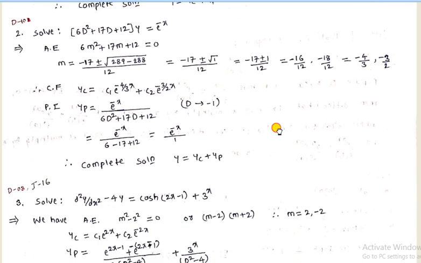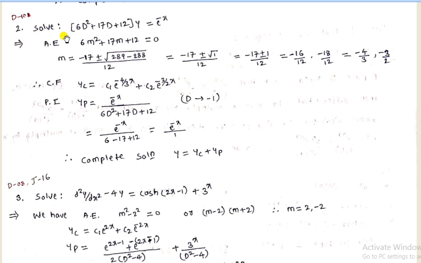Second example: solve (6D square plus 17D plus 12) y is equal to e raised to minus x. Write the auxiliary equation 6m square plus 17m plus 12 equal to 0.